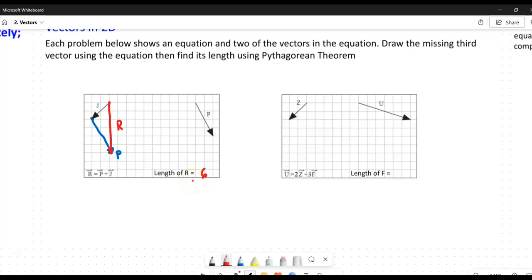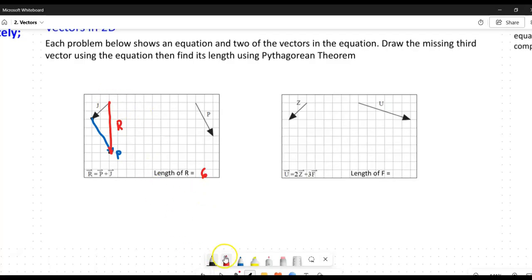The negative, again, is a direction, and we're just asking for the length, which would be 6. Some of these won't work out very cleanly. For example, in this one, it worked out very well. But some of these, you're going to have to take vectors and add them together, and to find the length, do Pythagorean's theorem.